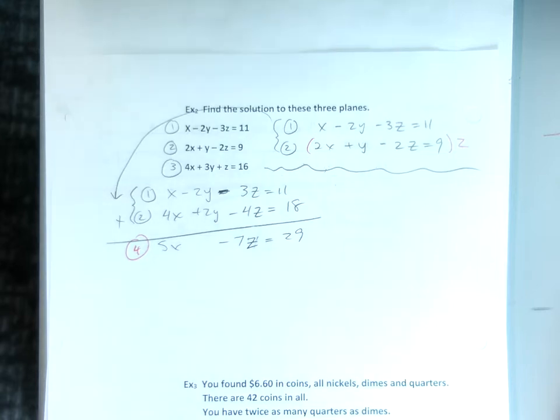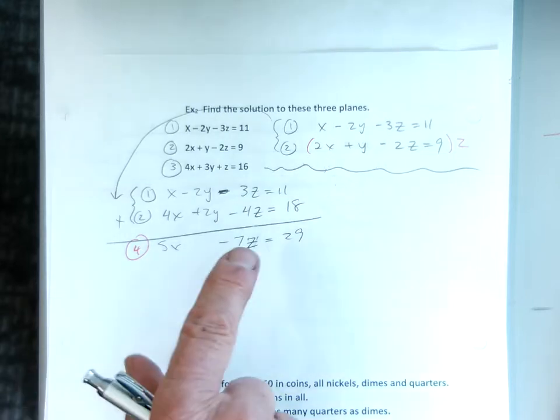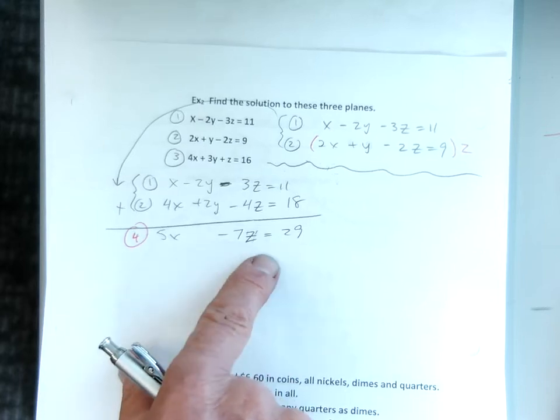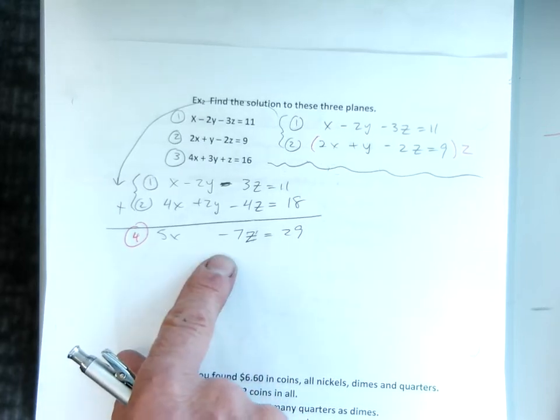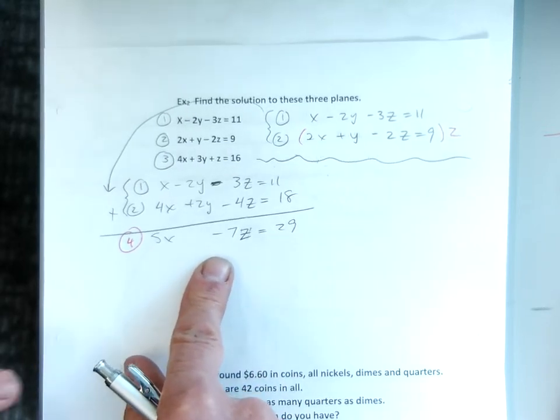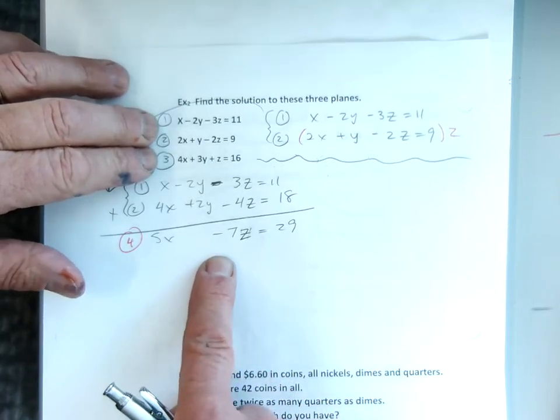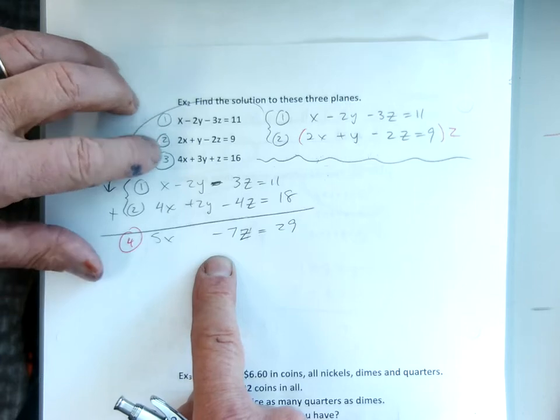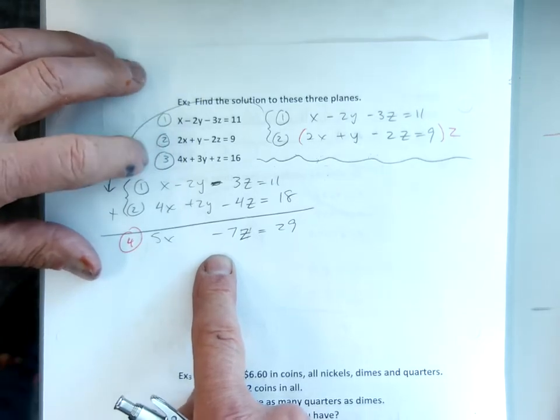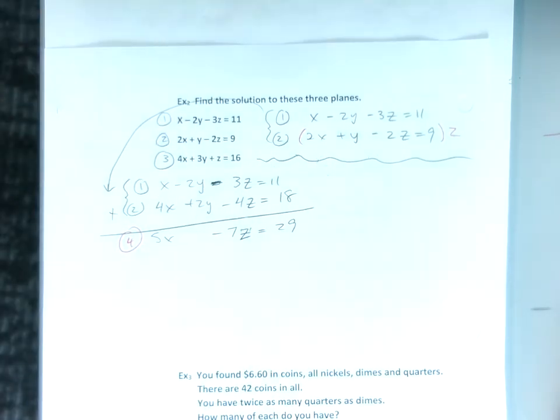Now, we need an equation 5 that lines up. So we're going to go back and we're going to pick another 2. This time, I'm going to pick 2 and 3. I want you to know why. So I got rid of the y's, didn't I?